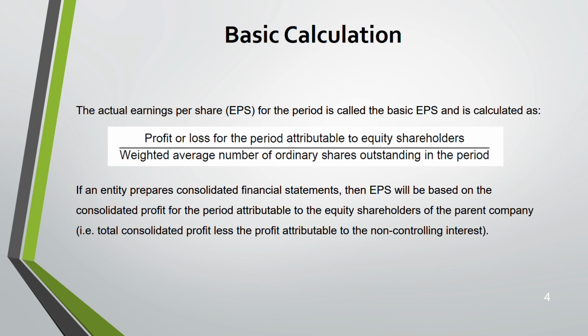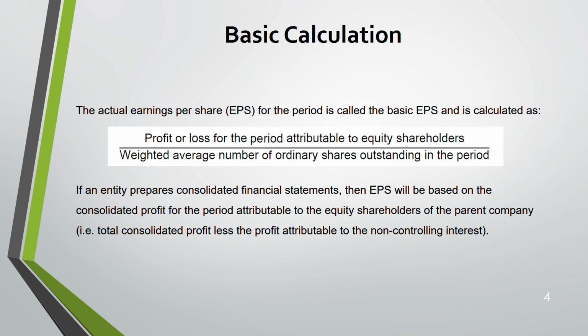If an entity prepares consolidated financial statements, then for the EPS formula you have to use consolidated profit, but only that which goes to the parent. The profit given in consolidated statements is the total, for both the NCI and the parent. So you have to take out the profit attributable to the NCI: total consolidated profit minus profit that goes to NCI.